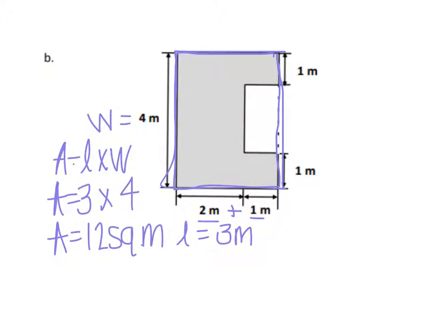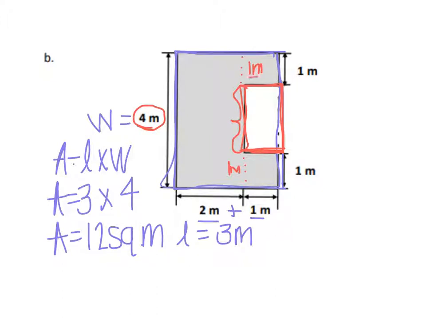Now I'm going to take a look at another rectangle, the one that's unshaded, which I see is here. This might be a little bit tricky, but we can figure it out. Have no fear. So if this part right here is 1 meter, and this part right here is 1 meter as well, and the whole thing is equal to 4, this part left over is going to be what?